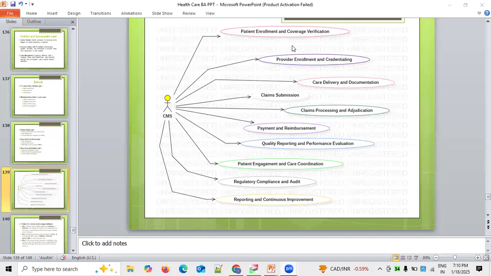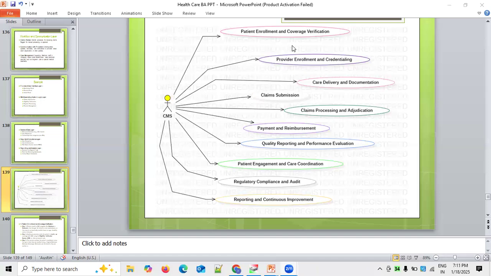Or for example, some X-ray or scan was taken twice, more than once. So why was that, right? And for example, the cost of an overnight stay, right? So what are the charges that were mentioned? They want to see some adjudication so that they will clarify. Based on that, which costs have to be paid, etc., everything will be taken care of by the payer. That's the reason why claim processing and adjudication come into the picture, followed by the payment and reimbursement.